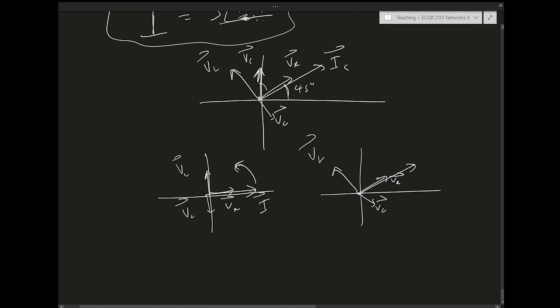Okay, so hopefully the skill of drawing phasor diagrams for different situations and different references is something that you should pick up, and we will do multiple homework problems and examples as we move forward.